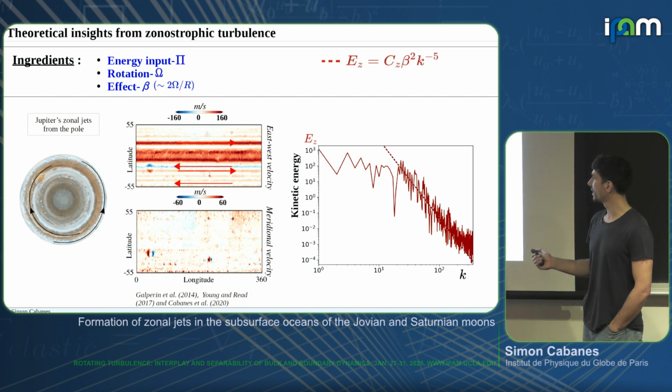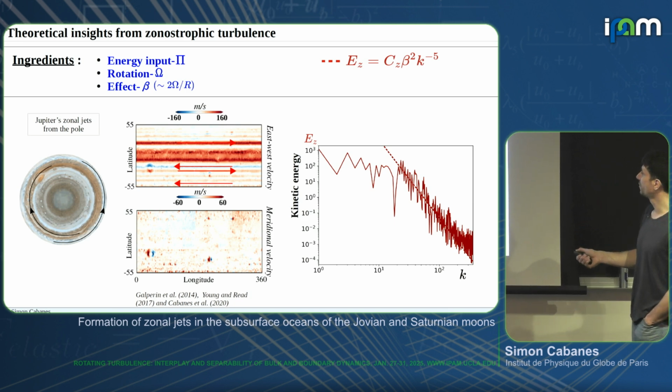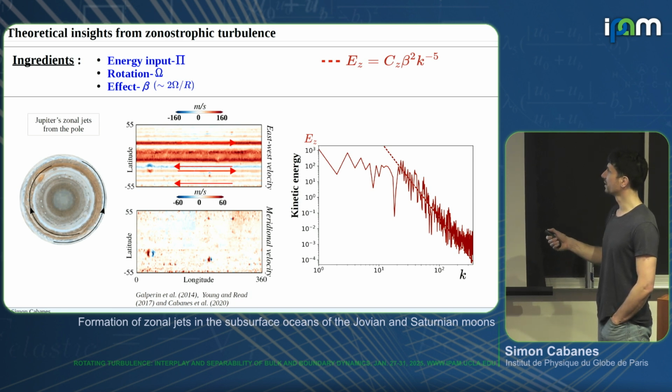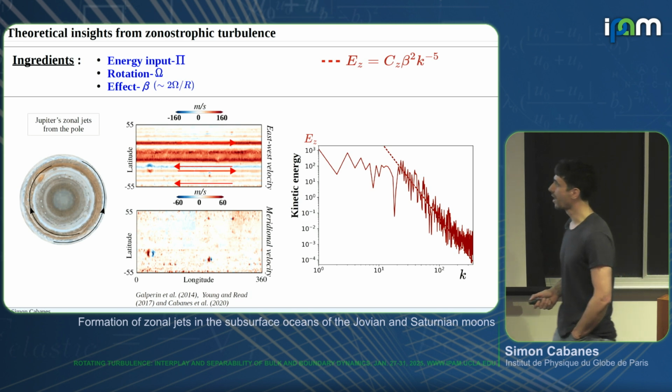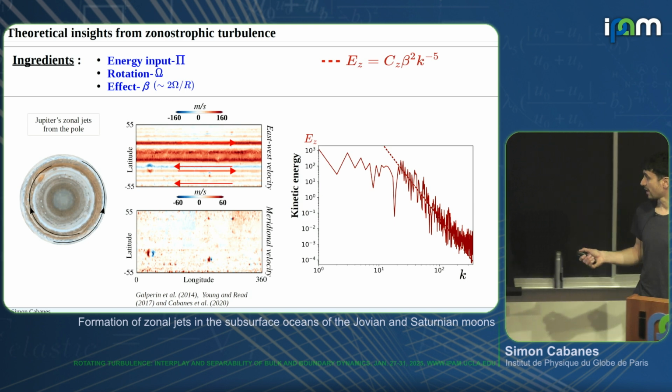And what they show is that they find a very beautiful scaling which goes as beta squared k to the -5, which means that it's a very steep spectrum. And the magnitude of the zonal energy is given by this parameter beta, which corresponds to the typical parameter of the planet. It has nothing to do with the energy input, but only with the rotation rate and the radius of the planet. All right, so that's a nice first prediction.